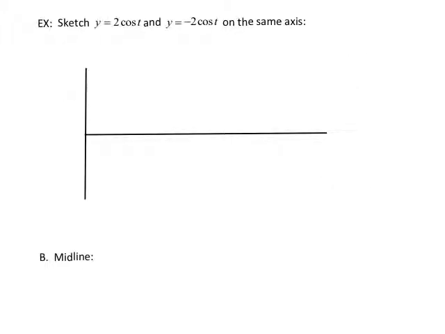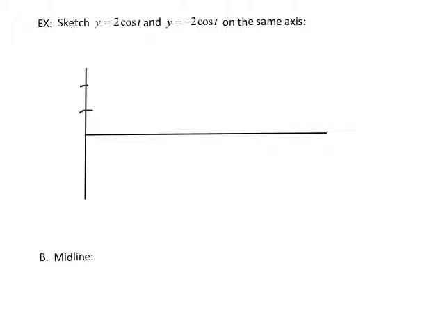So we're going to show that by sketching these two functions, y equals 2 cosine of t and y equals negative 2 cosine of t on the same axis. Now when we sketch, this is like the sketches you're going to see in the FLCC book. I don't have a grid, so I'm going to make my own grid here, and there are different ways to sketch trig functions.